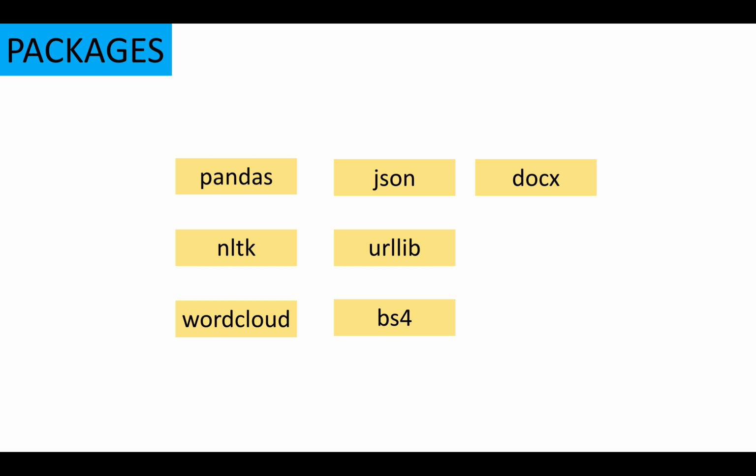You will see how we do that process. We will use the natural language toolkit. We use urllib because we're connecting to external services. We're using wordcloud, and we're using BS4 because we're reading from external sources, so we need to remove some of the information that we do not need. So we need to create BeautifulSoup, they call it.